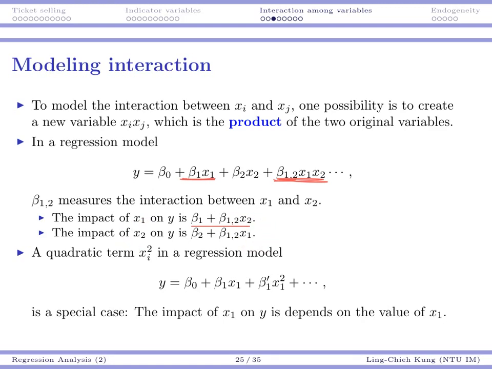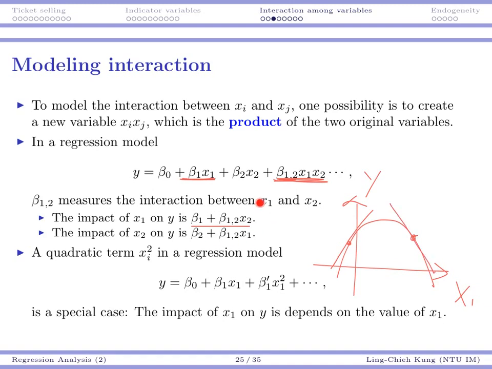In fact, in the previous lecture, we introduced a quadratic transformation in a regression model, right? That's actually a special case of interaction, because then we are measuring the impact of x1, but the impact of x1 now depends on the value of x1, like some kind of curve we used in the previous lecture. When we have something like this, the impact of x1 depends on the current value of x1.